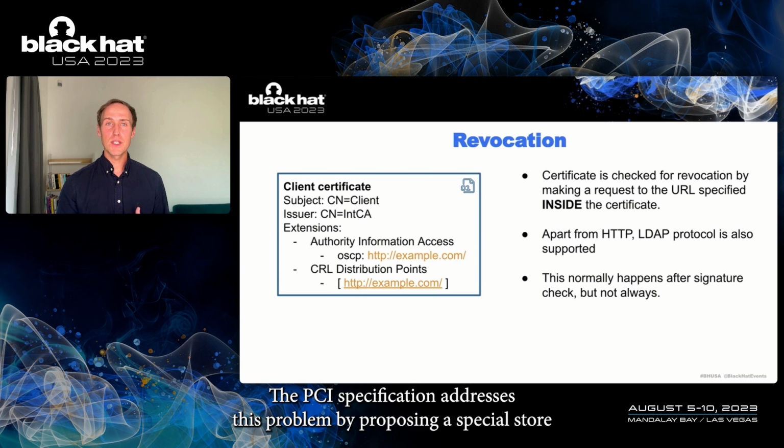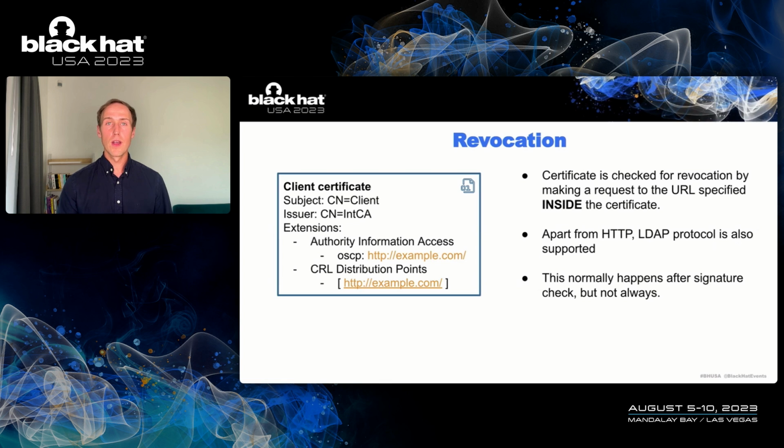The PKI specification addresses this problem by proposing a special store for revoked certificates that can be accessible via HTTP or LDAP protocols. Certificate verifiers can use two different methods, OCSP or CRL.